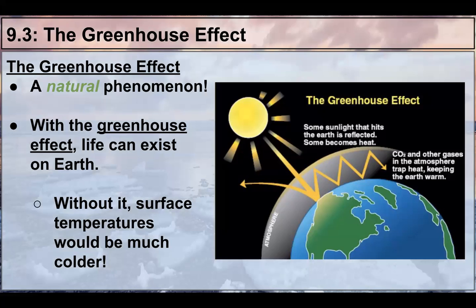Without it, the earth would be much, much cooler. And the temperature variations would be a bit larger too, okay? So without the greenhouse effect, it's easy to imagine that life would not be able to exist, at least at the capacity that we're at right now. There would just be too much variation in temperature for species to be able to survive.